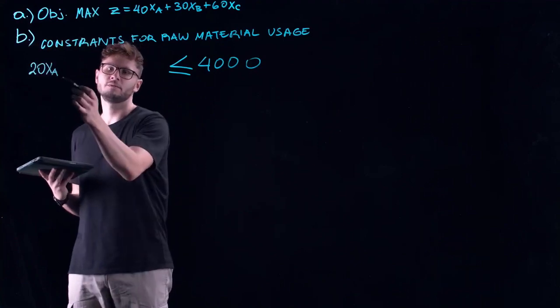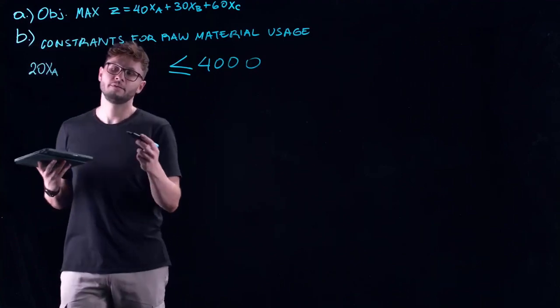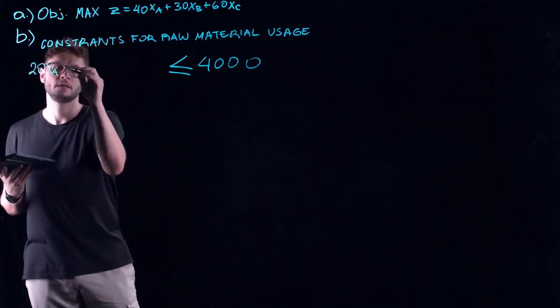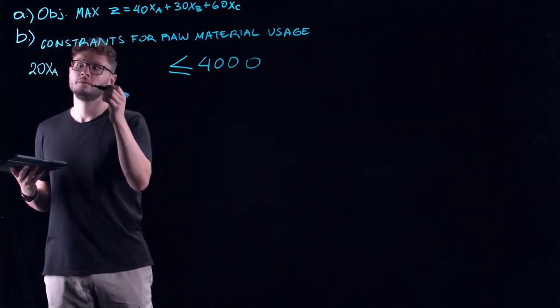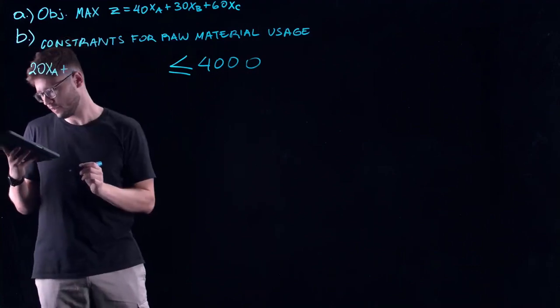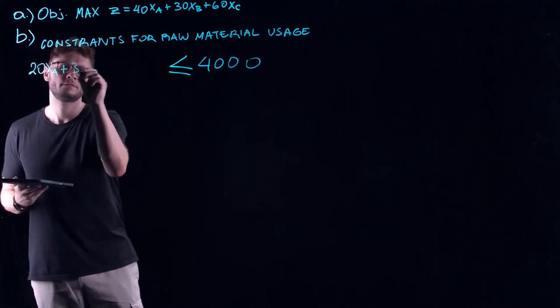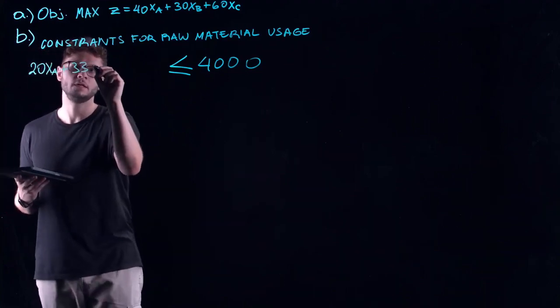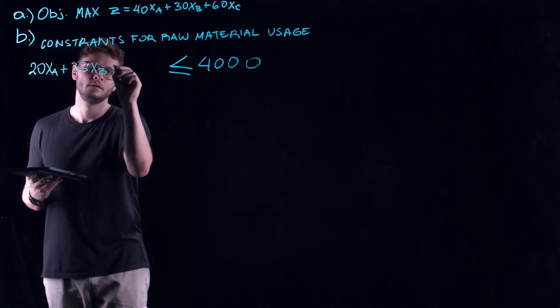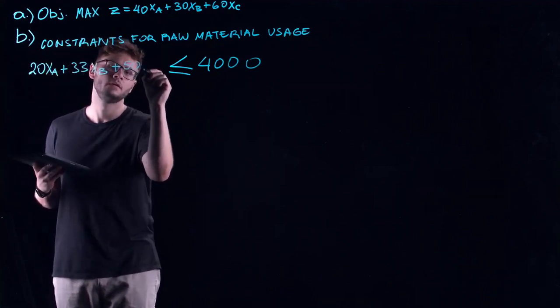So the number of units of drug A times the required amount of ingredient 1 is going to give us a total amount of ingredient 1 used for drug A. But we also have to do the same for drug B and drug C. For drug B, from the table, we see that it's 33 per unit. And for drug C, it is 50.